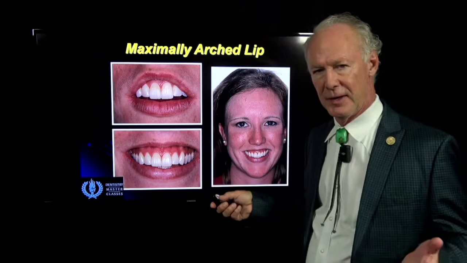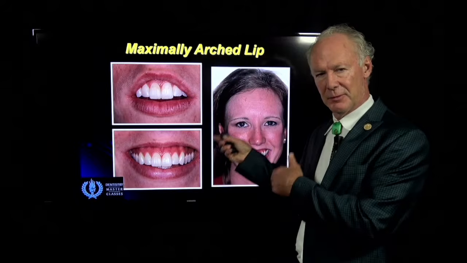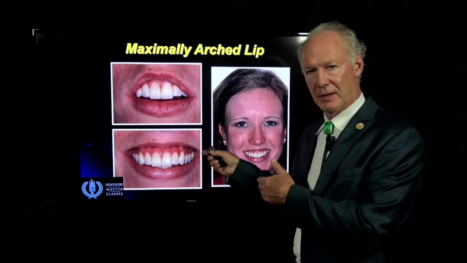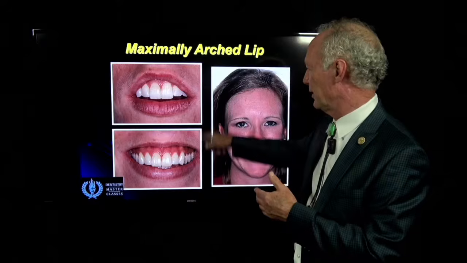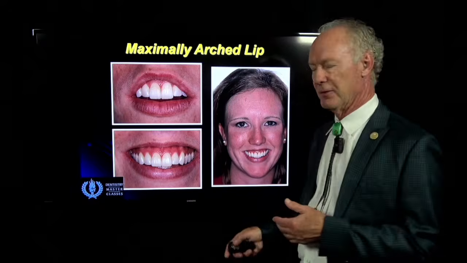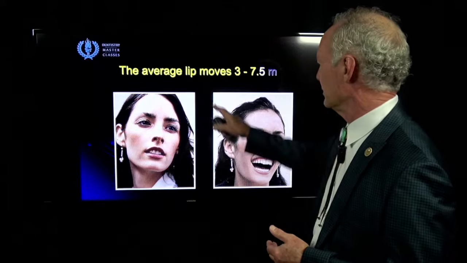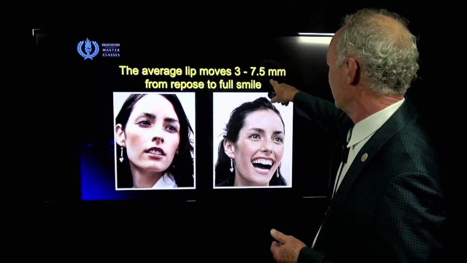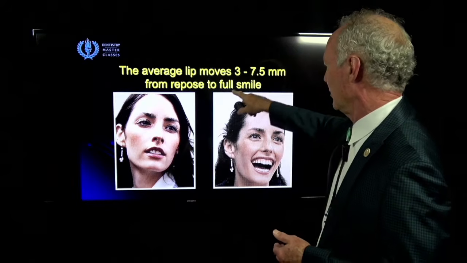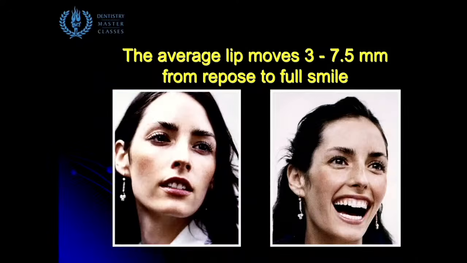So it's not fair when it comes to smiling if you have a maximally arched lip, because all they've got to do is just flex the corners of their mouth a little bit and they're smiling. Whereas if you've got a flat lip, you've got to work at it. So the average lip moves 3 to 7.5 millimeters from repose to full smile. I think I published this article in the early 2000s, and I really studied it back then.